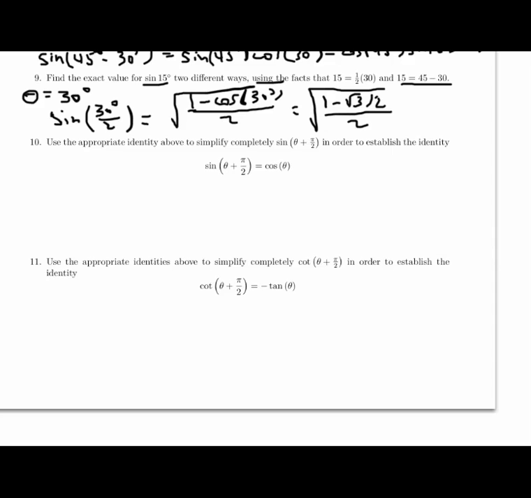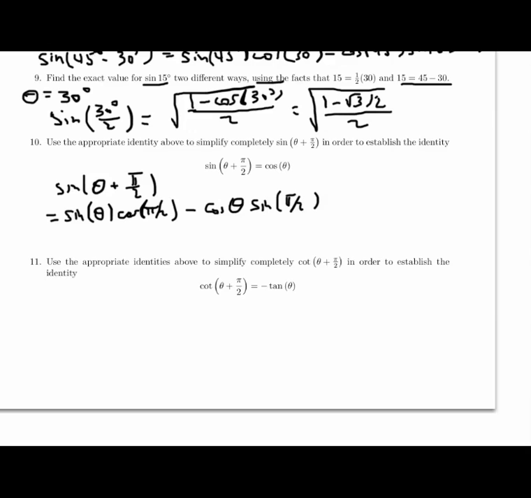So here, for example, the problem says to do something with sine of theta plus pi over 2, and so what I should do is just apply the formula for the sine of the sum of two angles, which says that when I have the sine of the sum, it's the sine of the first times the cosine of the second plus the cosine of the first times the sine of the second.